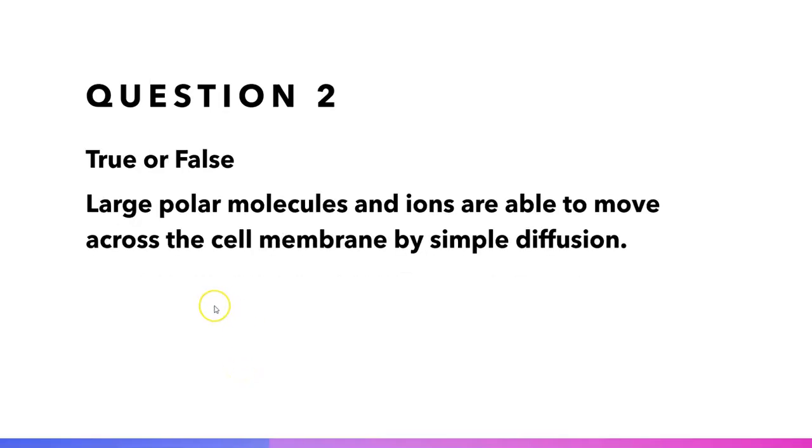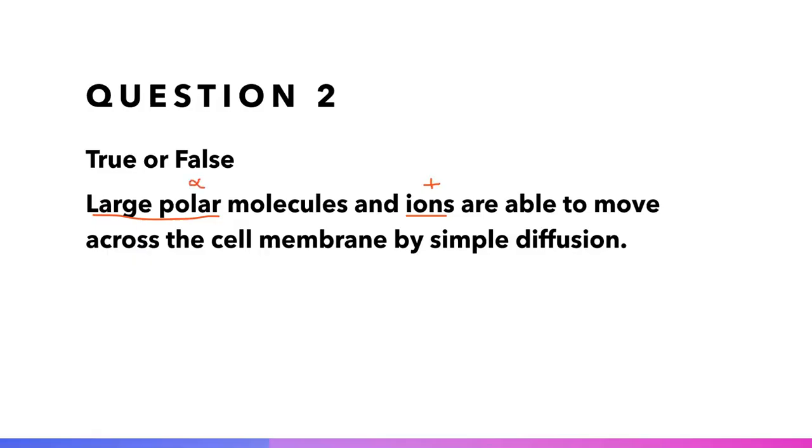Let's try another one. True or false? Large polar molecules and ions are able to move across the cell membrane by simple diffusion. What do you think? We want to look at the words large polar molecules and ions. Remember, ions have charges.